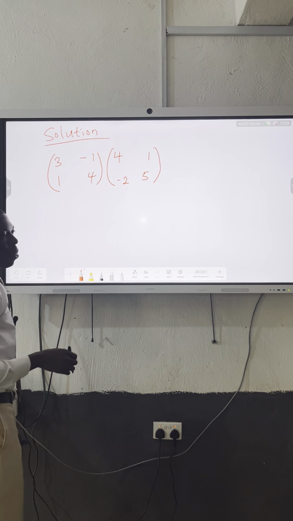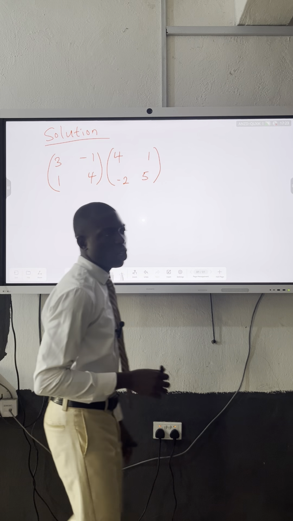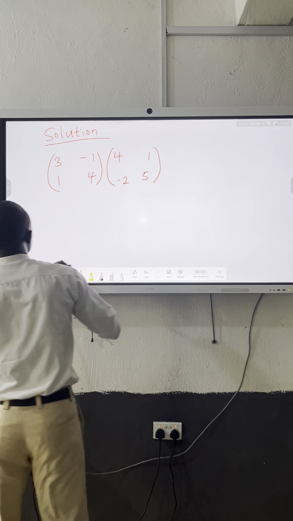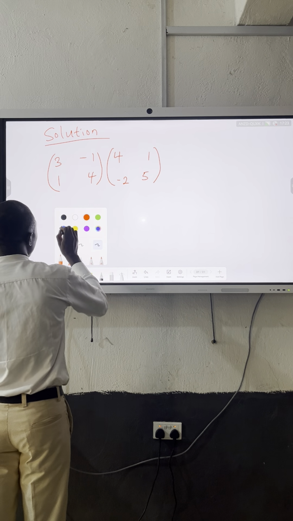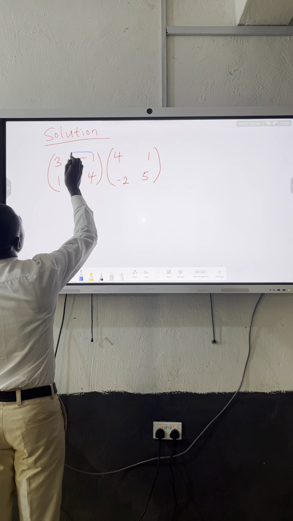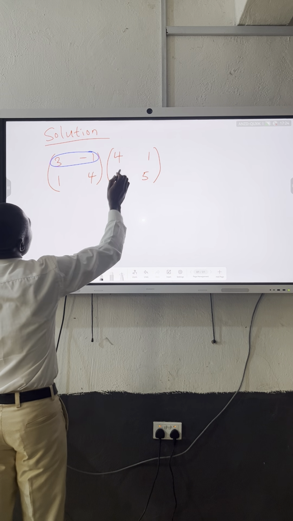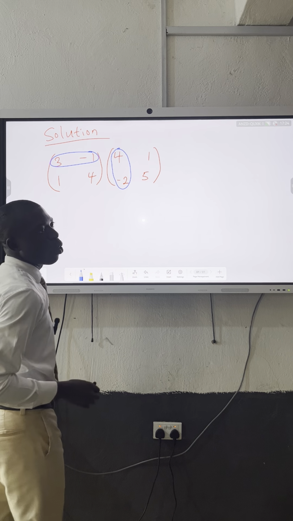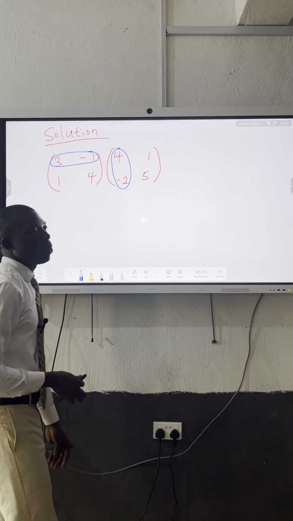We have this. Okay. So please, in matrix multiplication, we multiply rows into columns. That's what matrix multiplication is all about. This horizontal row is multiplied into this vertical column.